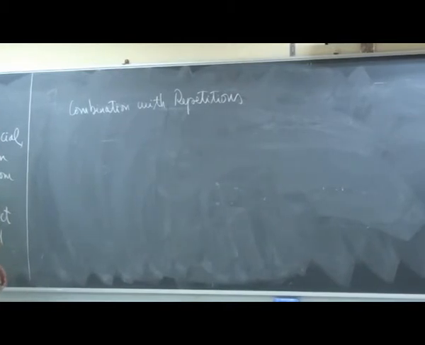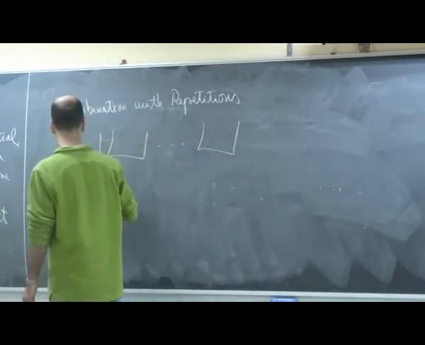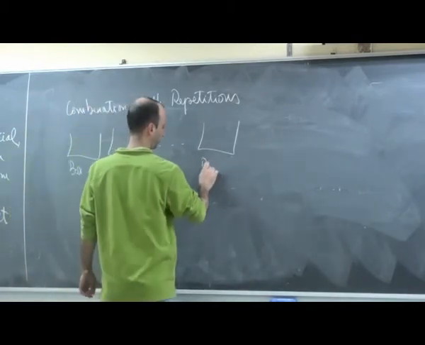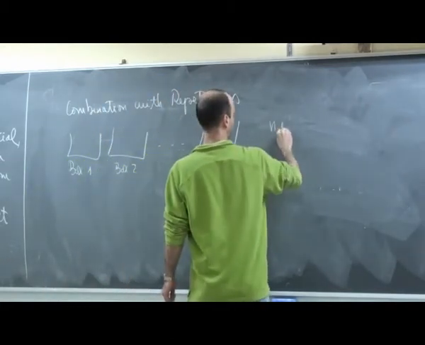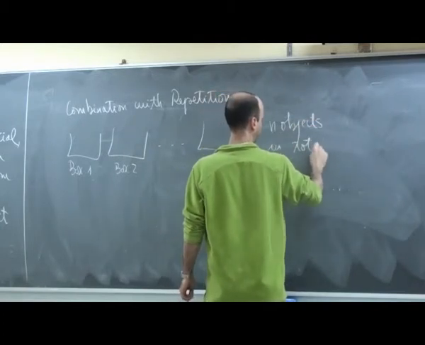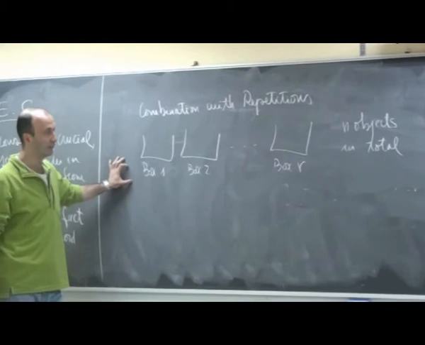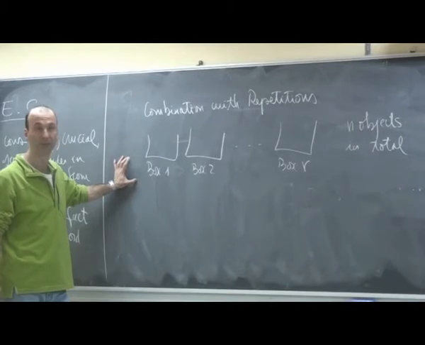And finally, combinations with repetition. What's a combination with repetition? You have boxes and n objects in total, and what matters is not the order, it's how you distribute the objects.